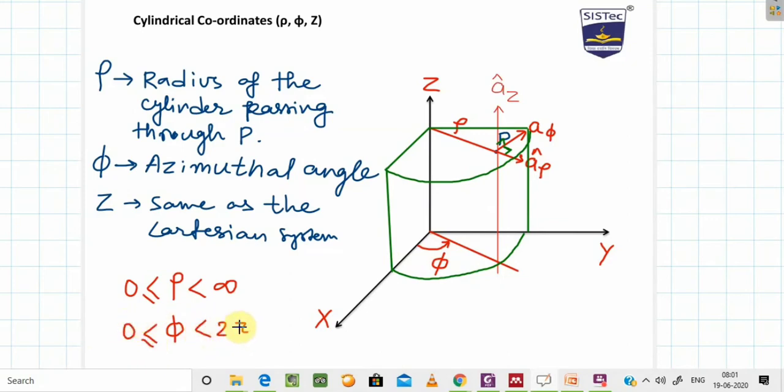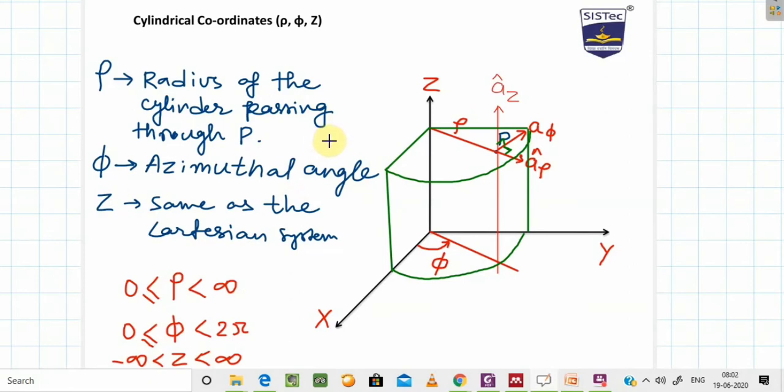So its range is 0 to 2 pi, and z is similar to the Cartesian coordinate, so its range will be similar to what we discussed there, from minus infinity to plus infinity.